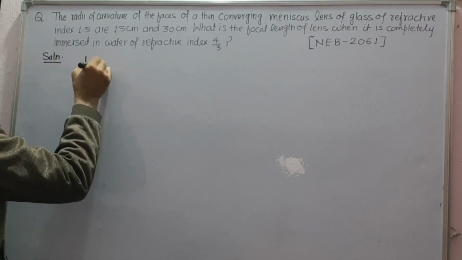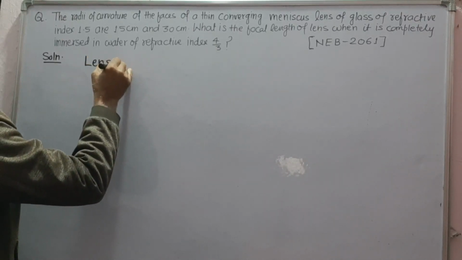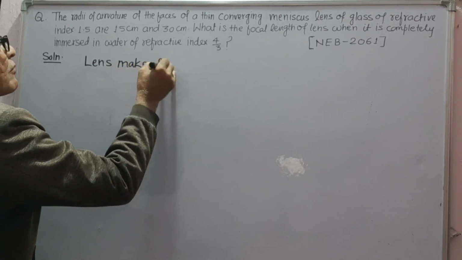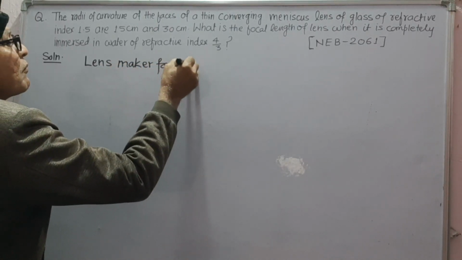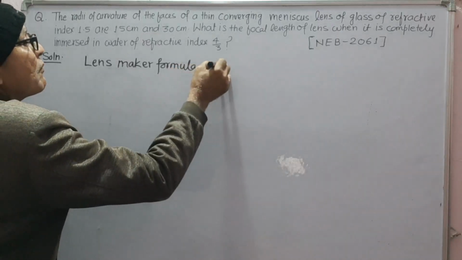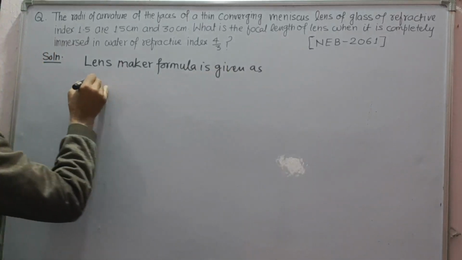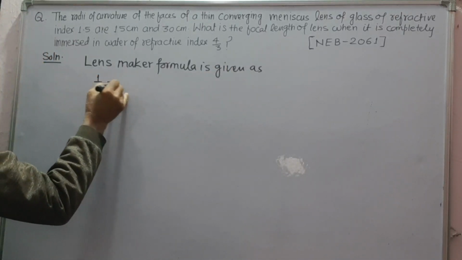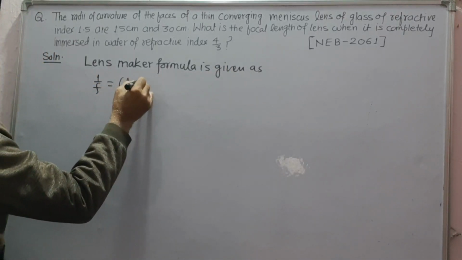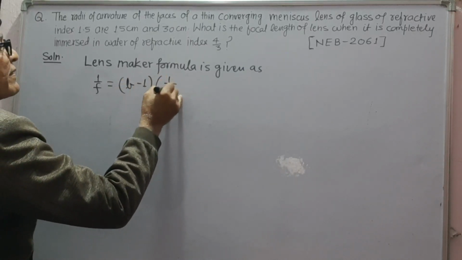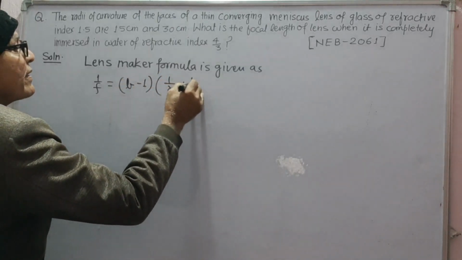Lens maker formula is given as 1 upon f is equal to mu minus 1 into 1 upon r1 plus 1 upon r2.